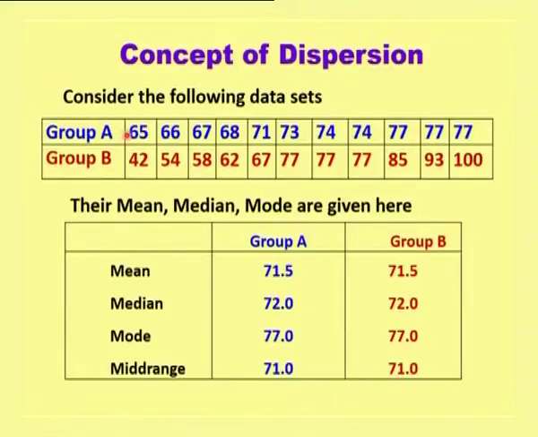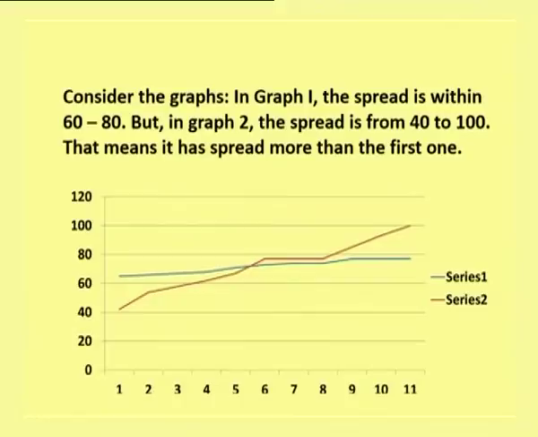But if you observe the data carefully, we can say that data set A and its range are somewhat different from data set B. Let us see what the difference is.